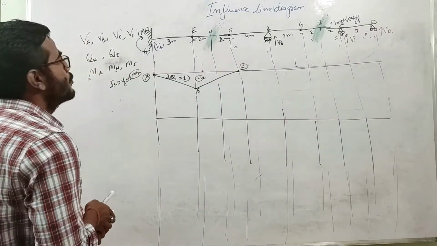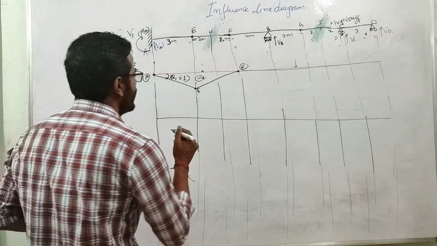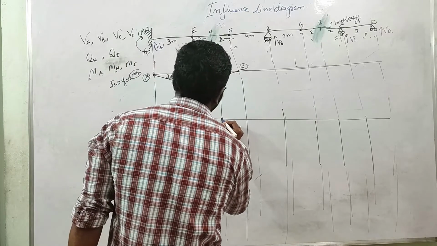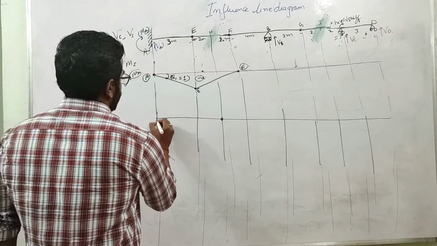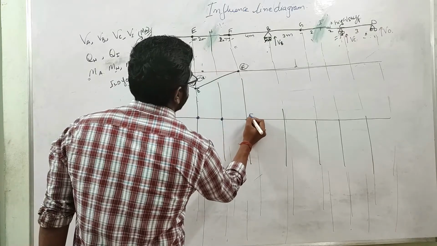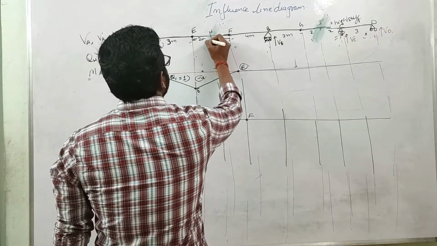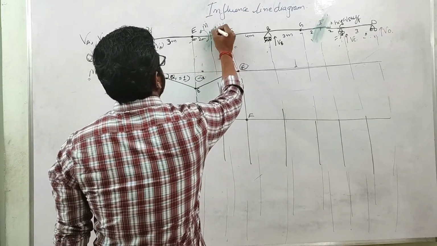Now, if we want to draw the influence line diagram for the bending moment at H, we need to provide an internal hinge at this point. One internal hinge is at E, one internal hinge at F. So this is H, this is E. Initially I am assuming that the moment is acting like this.